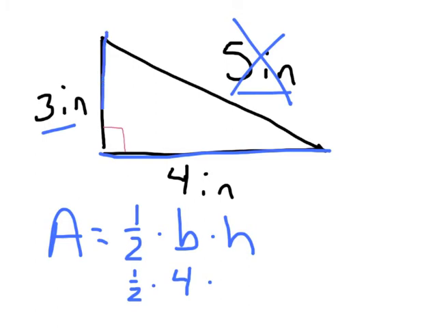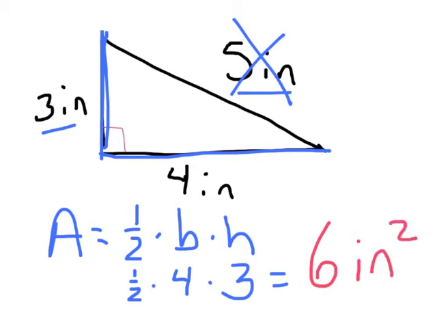We need the straight up and down distance from the base, which is 3. Now we say half of 4 is 2. 2 times 3 is 6. So the area of this triangle is 6 inches squared.